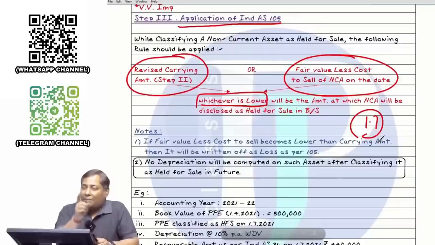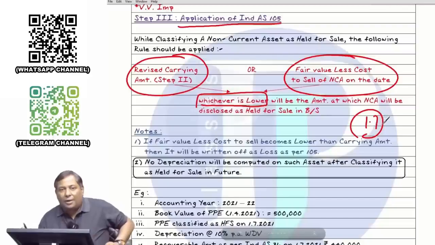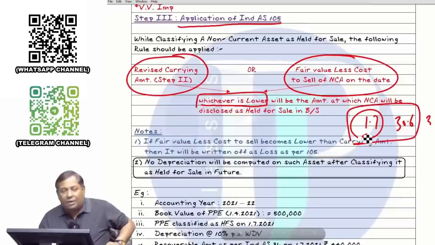And one more thing. I told you recently that sales are highly probable. So if you come to HFS on 1st July, then next year you have to complete this work before 30th June. But 31st March will come in between.